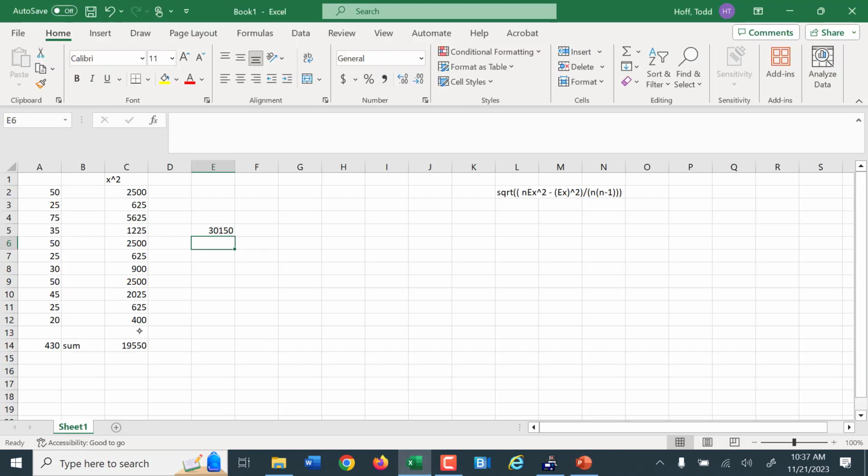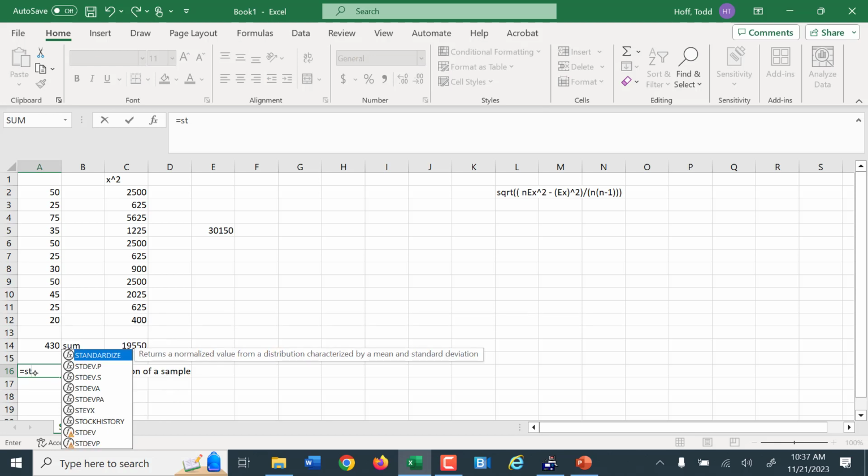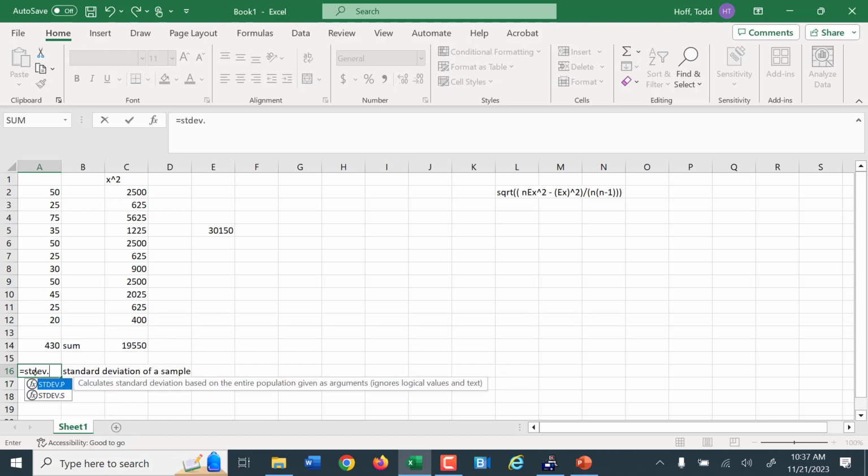The shortcut formula was designed for being used with programs like Excel. However, Excel has a built-in standard deviation function. Now, it's important here, notice I wrote standard deviation of a sample. So stdev dot, notice there's two options that pop up over here, dot P and dot S. Dot P would be the standard deviation of a population.